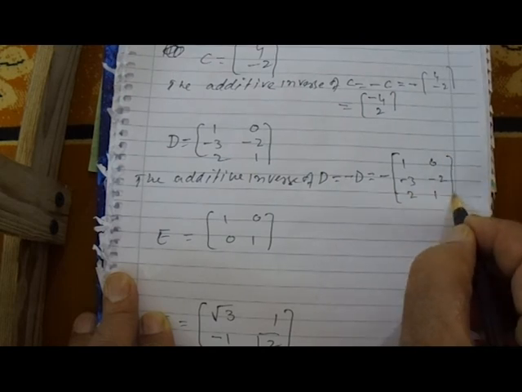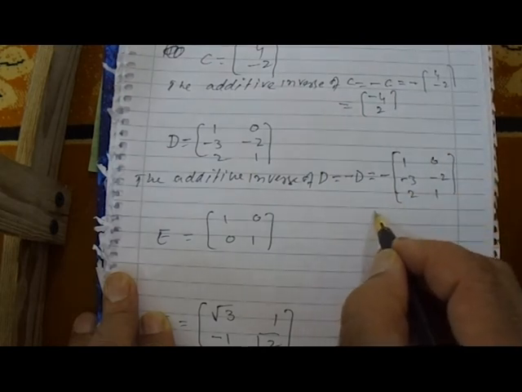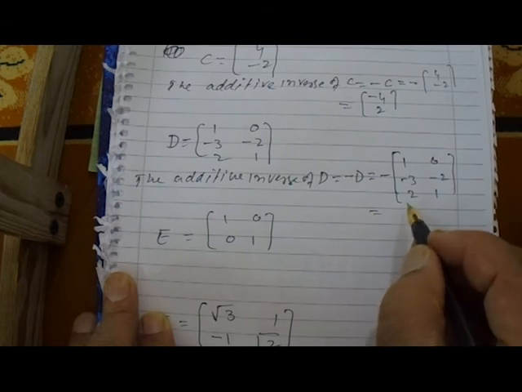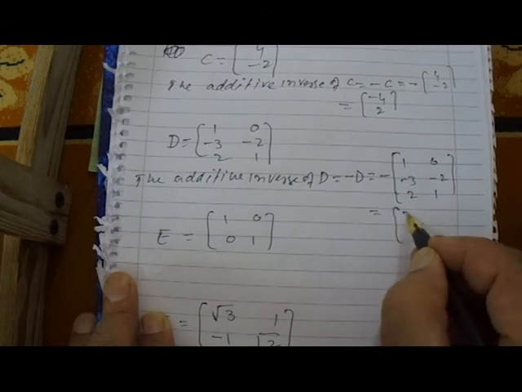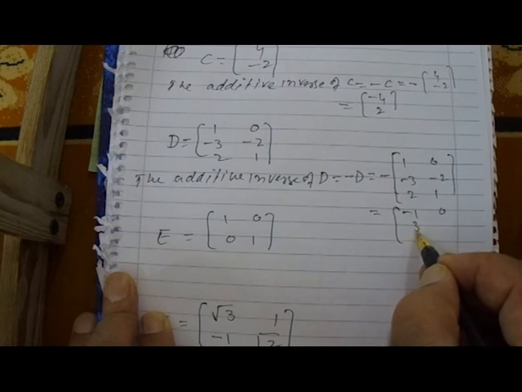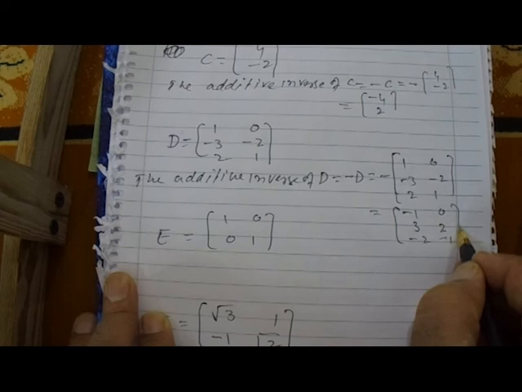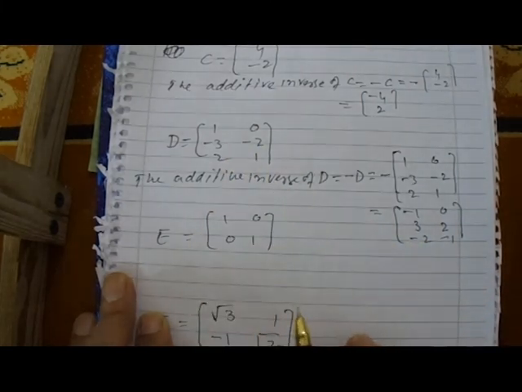Now this is a matrix, and you write this in this form: minus 1, 0, 3, 2, and minus 2, minus 1. Now it is the additive inverse of D matrix.